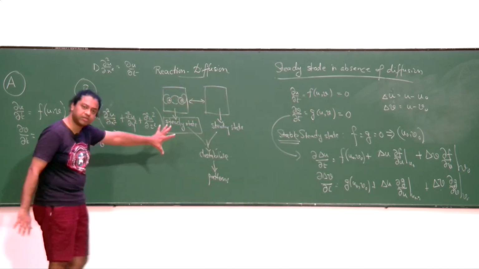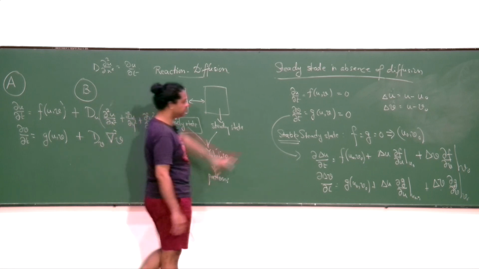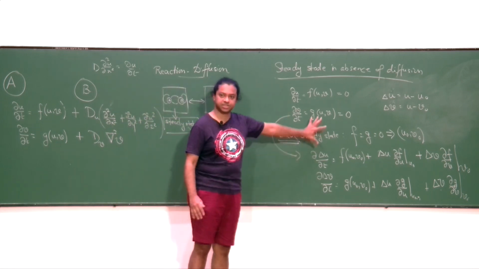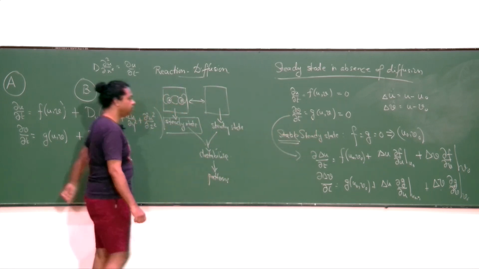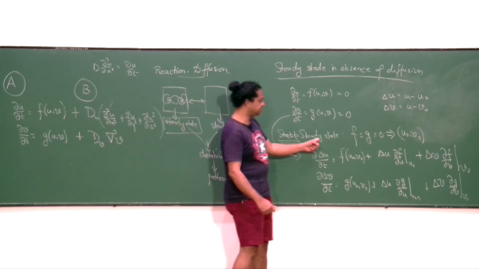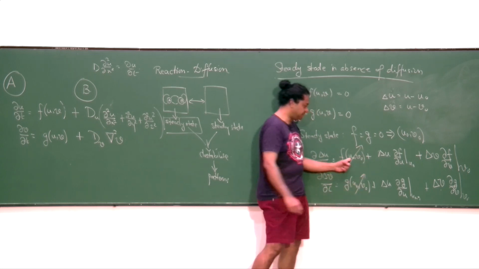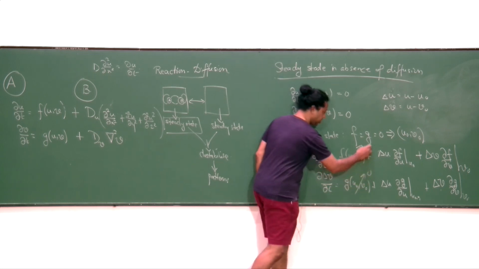So I'm just writing out this initial part. The second part, which is a little more complex, I won't write out, but the plan will be exactly the same. That's why I'm taking 5 minutes to do this first part. Of course, because this is a steady state, these functions evaluated at u naught v naught are 0.